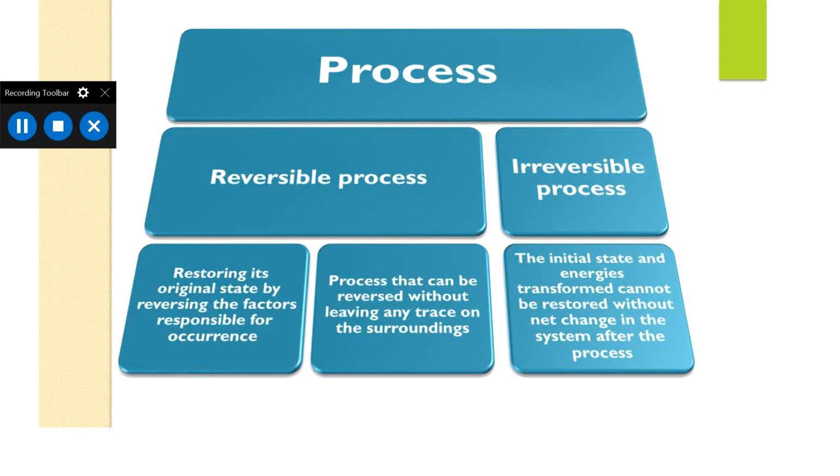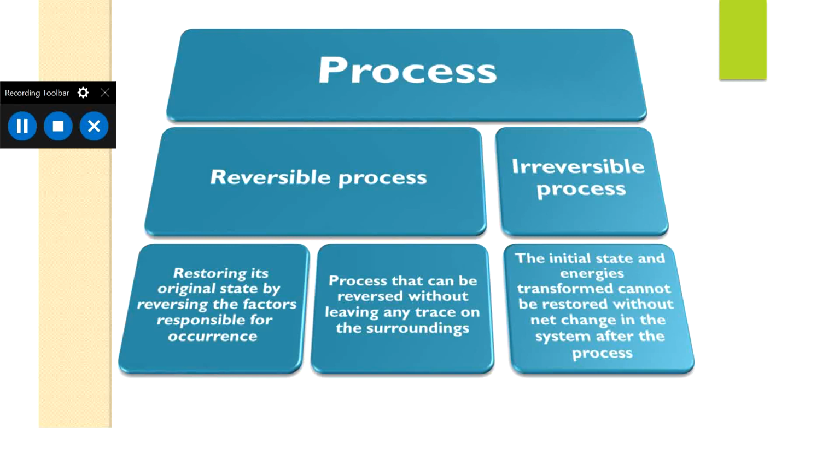It restores the original state by reversing the factors that are responsible for the occurrence of the state change, and it leaves no trace on the surroundings, because both the system and the surroundings come to their original state after reversing.